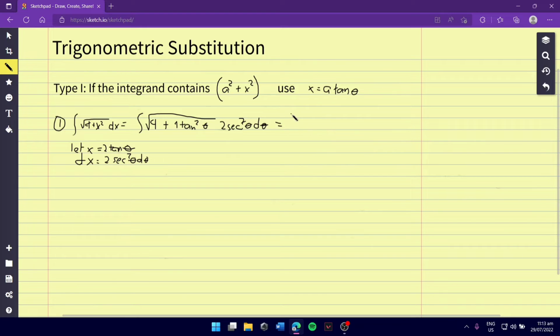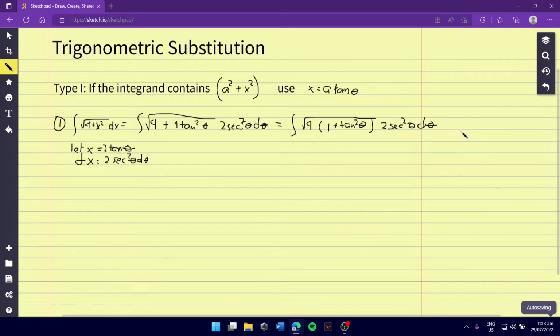So this will become the integral of the square root of 4 times 1 plus tangent squared theta, and then copy 2 secant squared theta d theta.